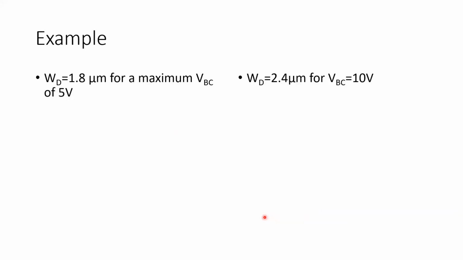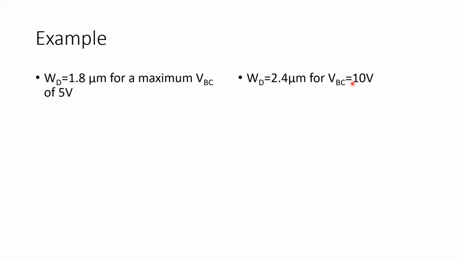For example, if VBC is 5 volts, we get a depletion width of 1.8 micron. If we increase to 10 volts, the depletion width is 2.4 micron. So we can calculate and define the minimum device spacing.